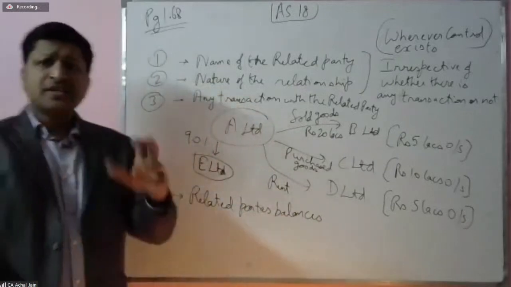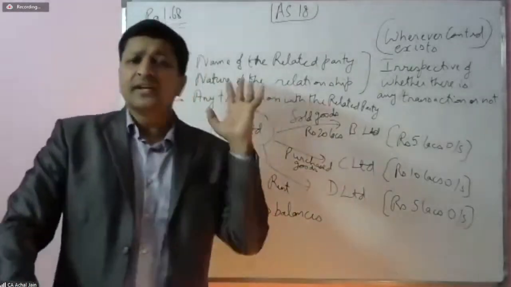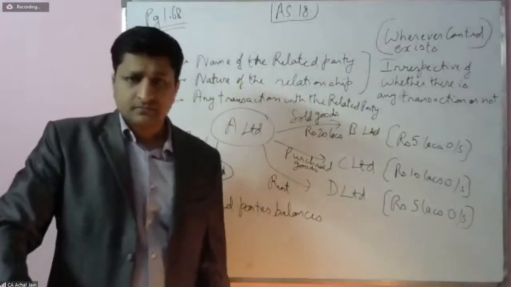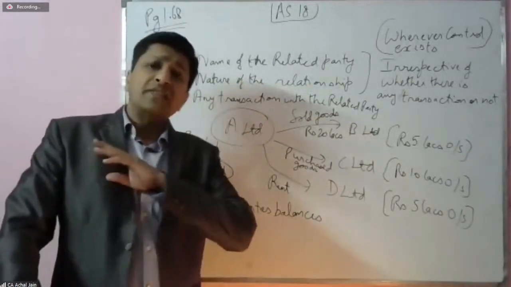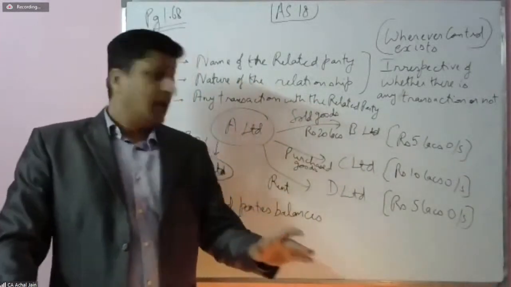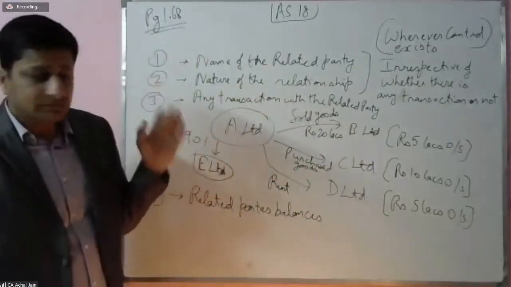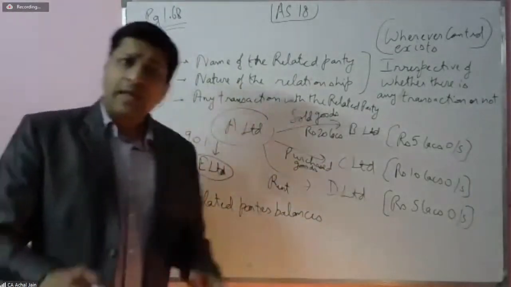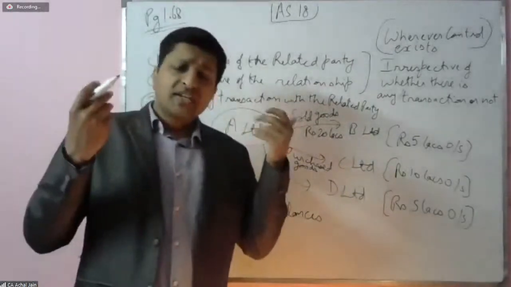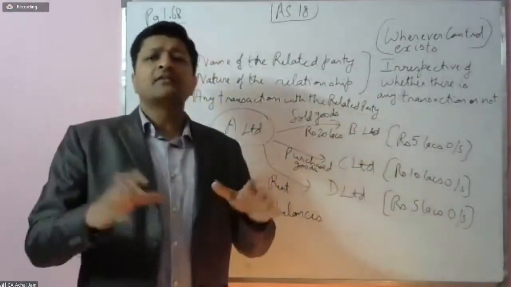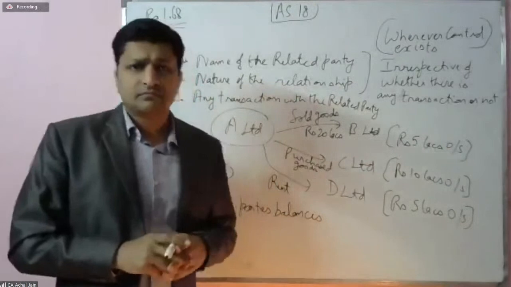Okay. There is no transaction during the year between A and E. No balance is outstanding in respect of E. Why? Because these two parties have never transacted with each other.